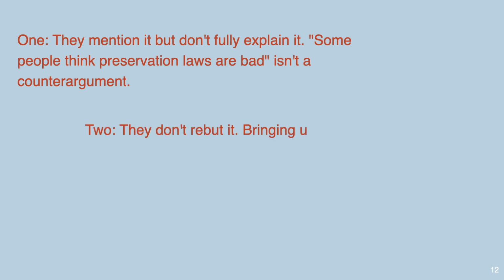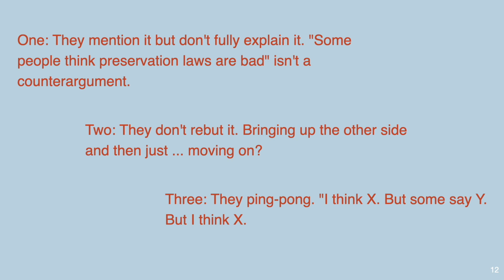They don't rebut it, bringing up the other side and then just moving on. That weakens your argument, not strengthens it. 3. They ping pong. I think X, but some say Y, but I think X. However, Y also makes sense too. That's not nuance, that's confusion.